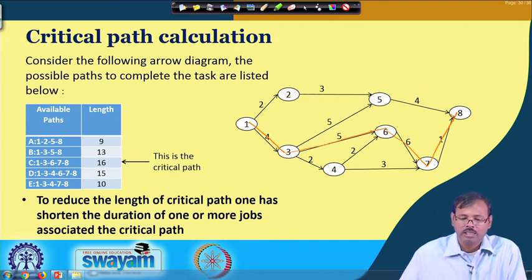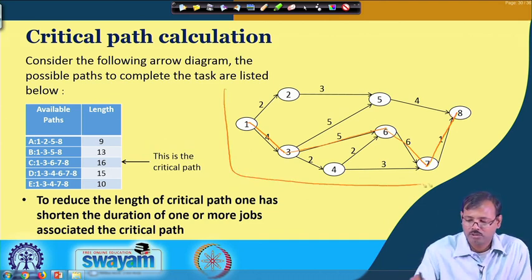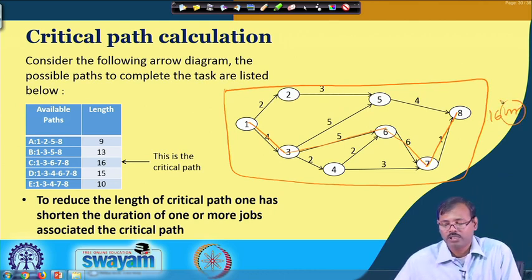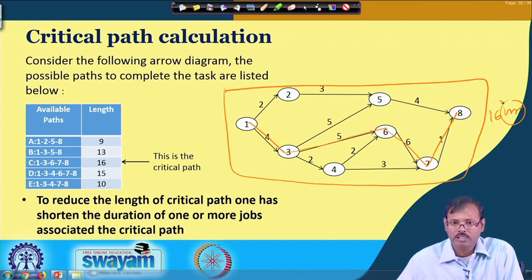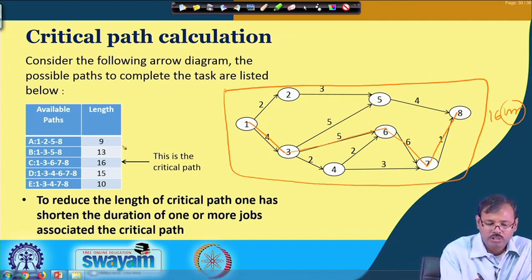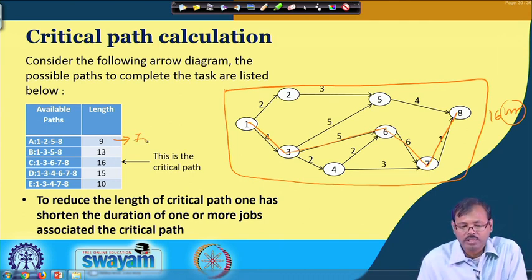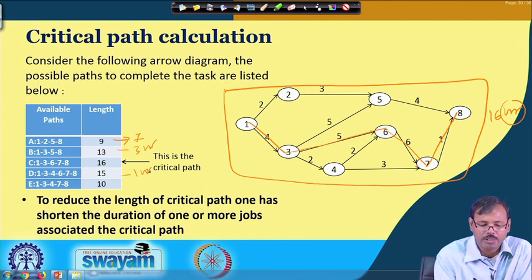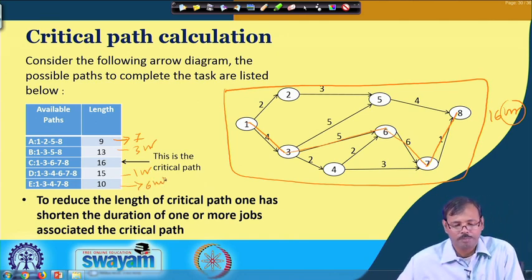That means, to complete this total project, it requires at least 16 hours, while it attributes a 7 hour slack in the A path, a 3 hour slack in the B path, 1 hour slack in the D path and 6 hour slack in the E path.